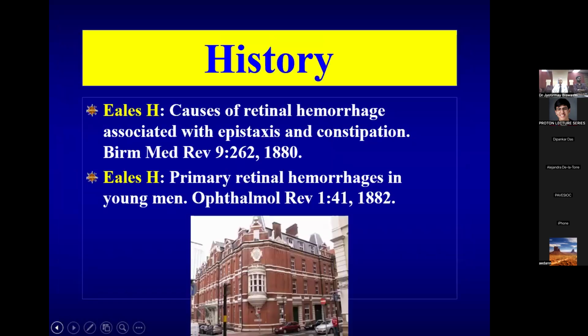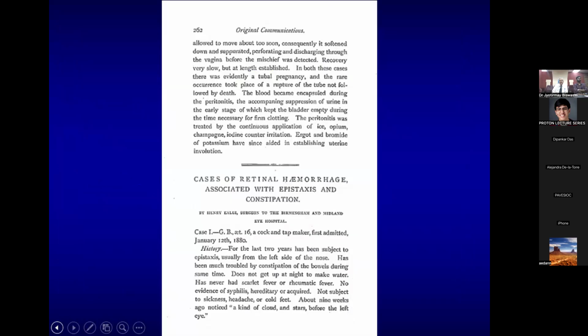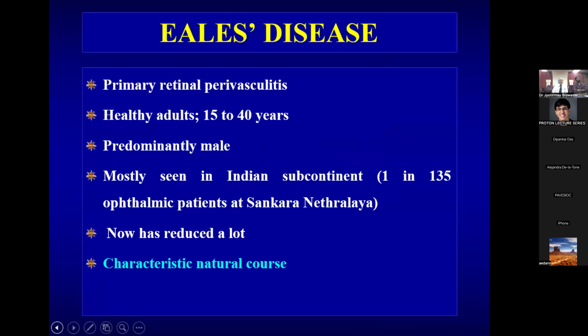These are the two seminal articles published by Eales in 1880 and 1882, and this is the photograph of the article from the journal, Cases of Retinal Hemorrhage Associated with Epistaxis and Constipation.